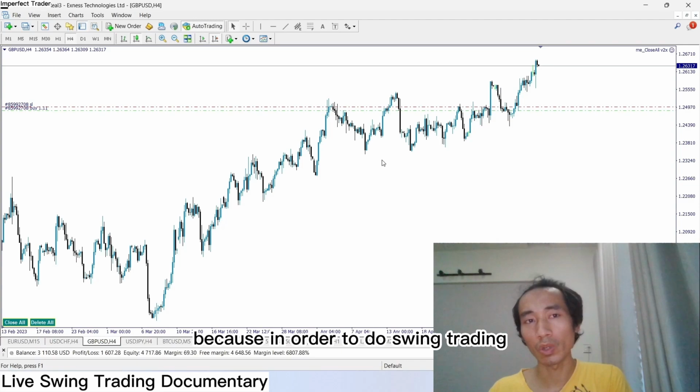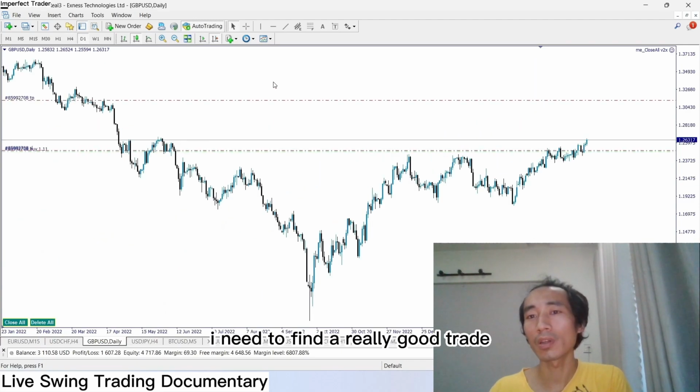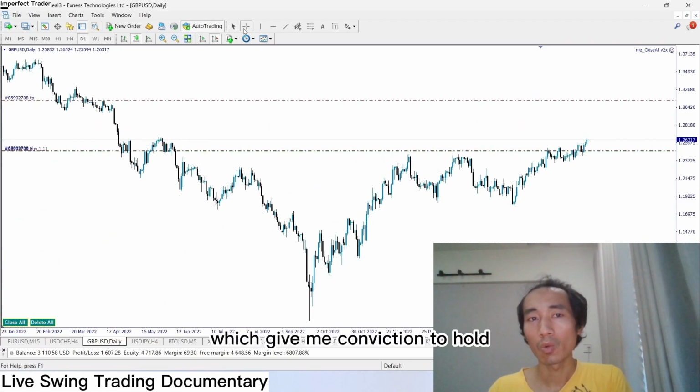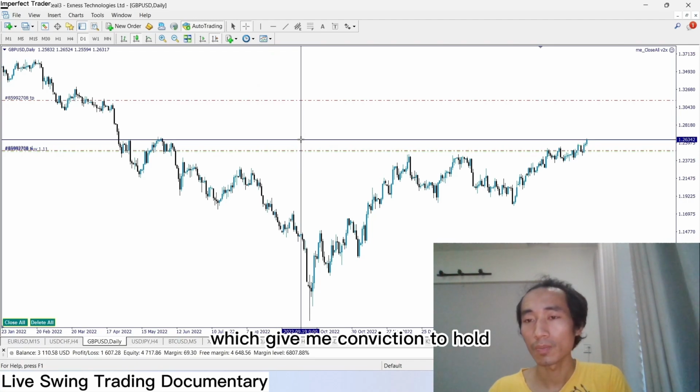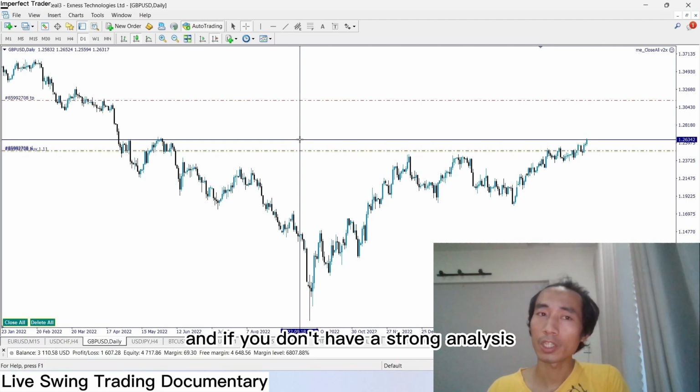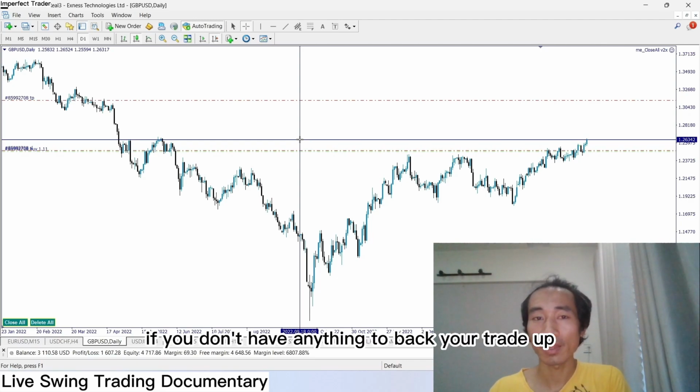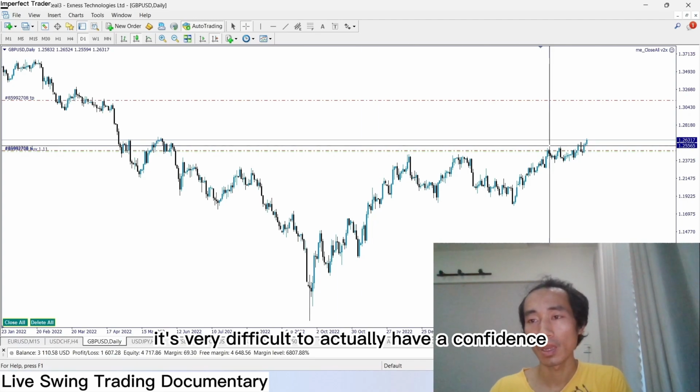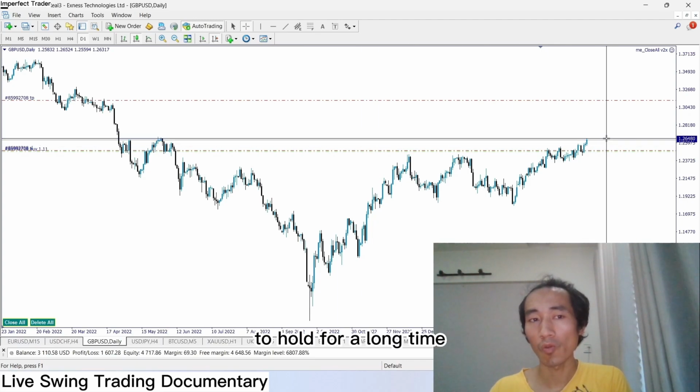In order to swing trade, I need to find a really good trade which gives me conviction to hold, and if you don't have a strong analysis, if you don't have anything to back your trade up, it's very difficult to have the confidence to hold for a long time.